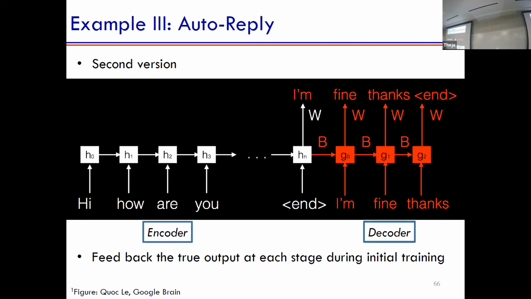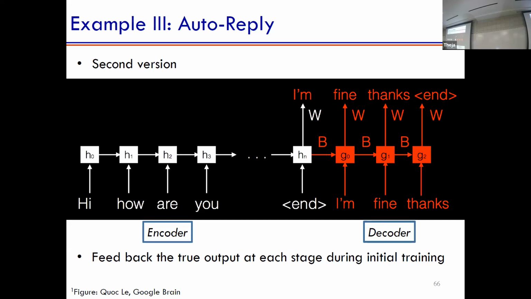Just as in the image captioning situation, generate the first word, pass it to the next one, generate the second word, pass it to the next one, and so on. So the first version was actually pretty bad. This is the version that you can intuitively think of. You can think of this whole input getting compressed into this hidden vector, which is going to lead to the output, because the output process is iterative, sequential.